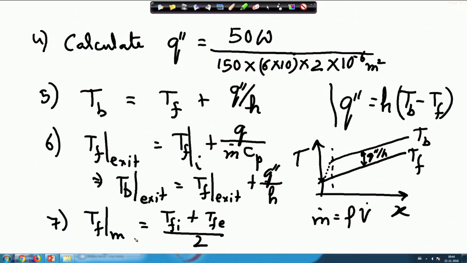Okay. So, I found the motherboard temperature, circuit board temperature, whether it is the maximum temperature or the mean temperature, we can find that out. Okay. What is the inlet temperature? Inlet temperature is 300 plus q double prime over h. So, this problem that way is not fully defined, and I intentionally kept it like that, because I wanted to tell you that it is subject to interpretations. All right.